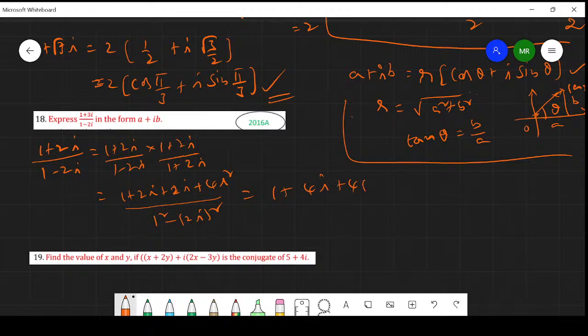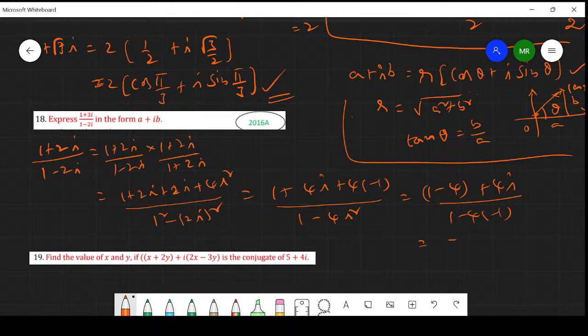We know that i square is minus 1. This is 4i square. You will get here 1 minus 4 plus 4i, by 1 minus 4 and i square is minus 1.